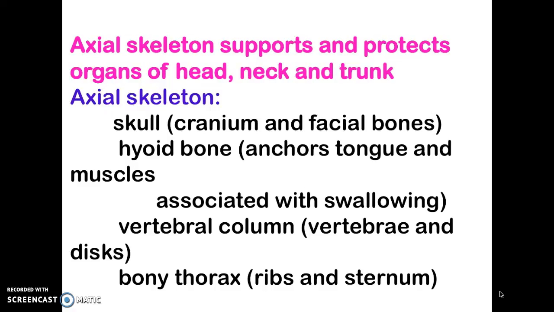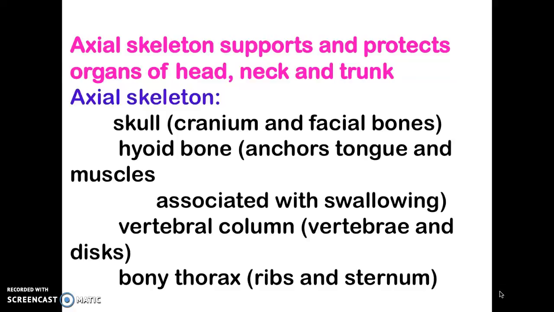The axial skeleton supports and protects organs of the head, neck, and trunk. In the skull, there's the cranium and facial bones, and the hyoid bone, which anchors the tongue and muscles and is associated with swallowing.